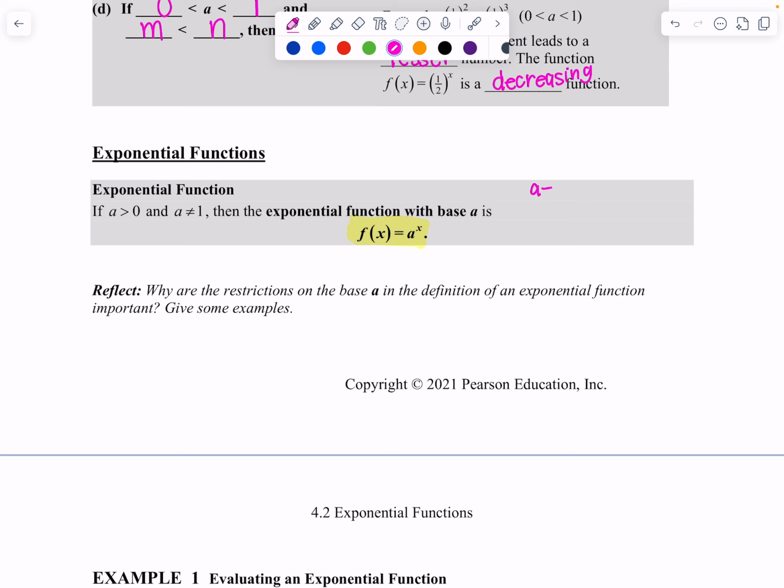Your base has to be a real number, and A is going to either be greater than 1, or A can fall in the category of being between 0 and 1. A is our base, A is a real number, and A is either greater than 1 or between 0 and 1.